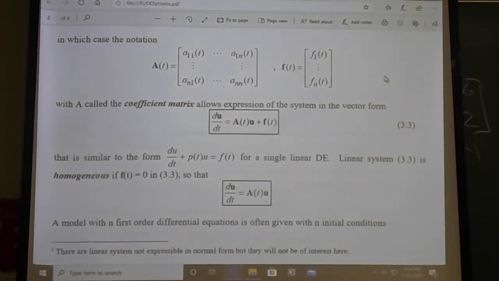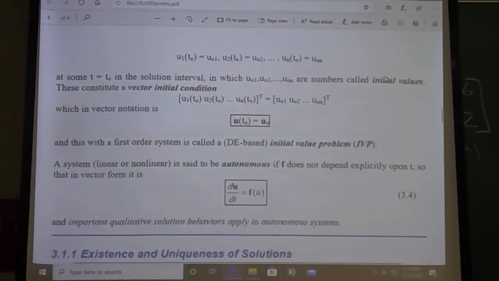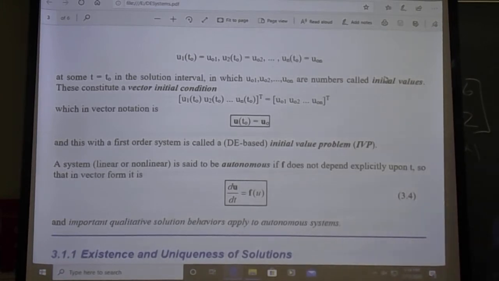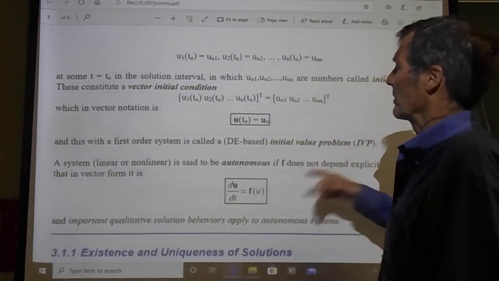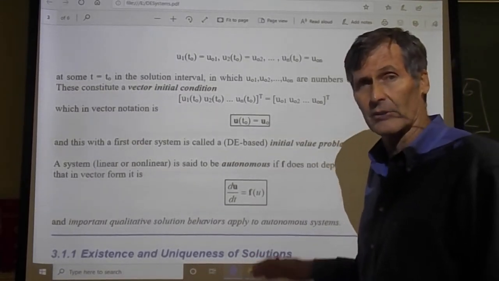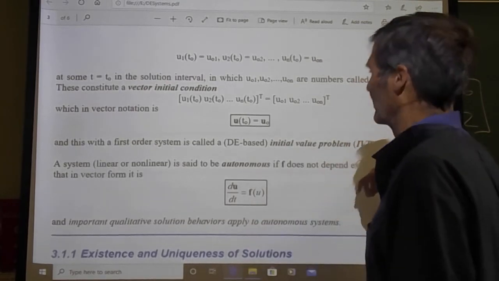Alright, now what happens is there's a nice existence and uniqueness theorem for these things. If you also have n initial conditions with a system of n linear first order equations and n unknowns, and we're only interested in first order equations, it turns out. There are higher order equations, again that's for a later class, we're doing an introduction.